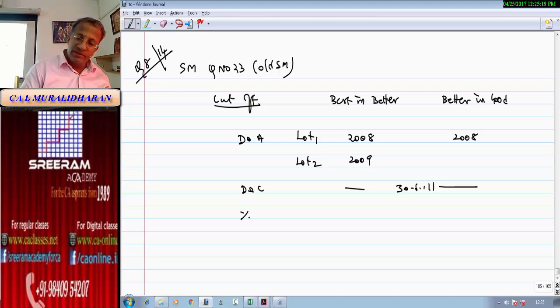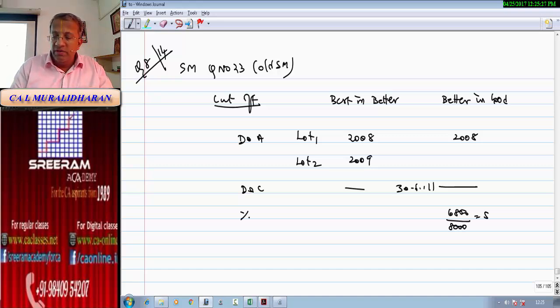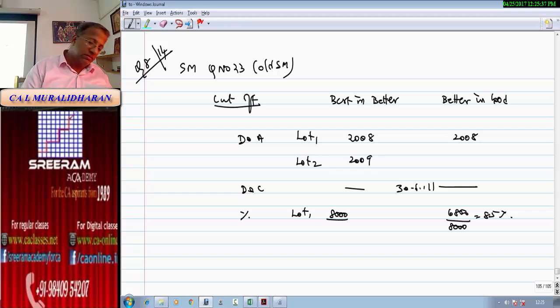Percentage of holding 6,800 upon 8,000, 85%. Here lot 1 purchases 8,000 upon 15,000, 53 and 1/3%, more than 50%.